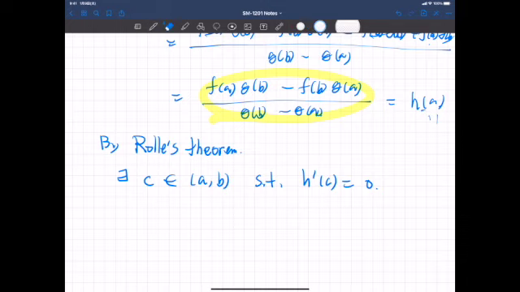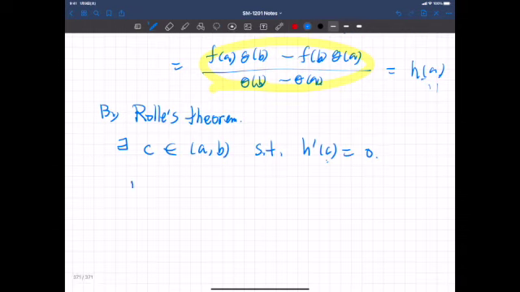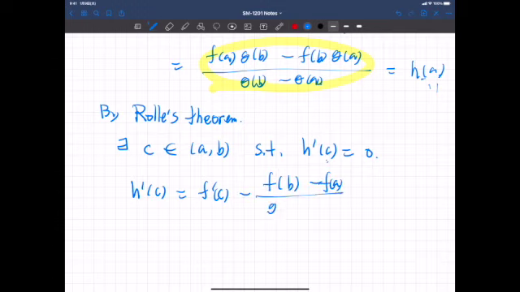Right? So for this value c, we have h prime c equal to f prime of c minus f of b minus f of a over g of b minus g of a times g prime of c. So that is equal to 0.